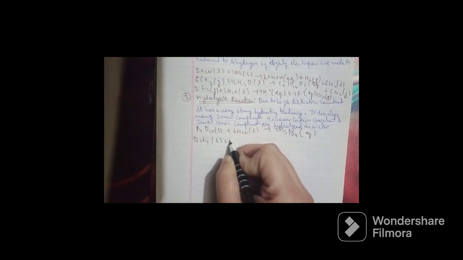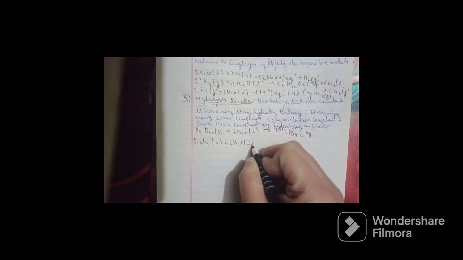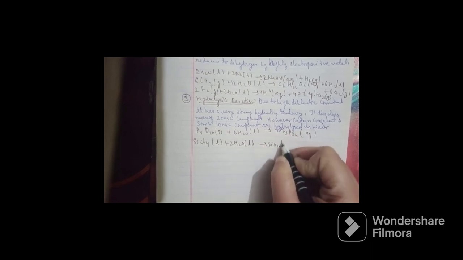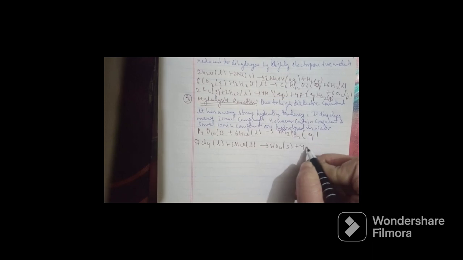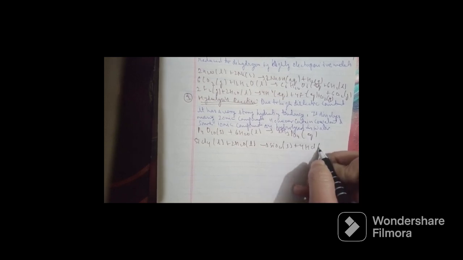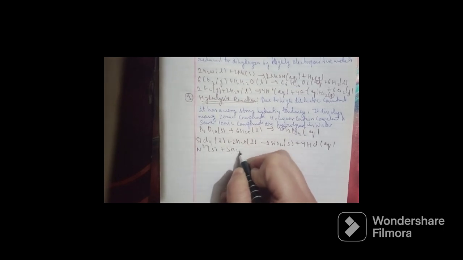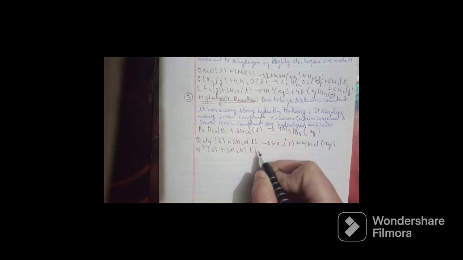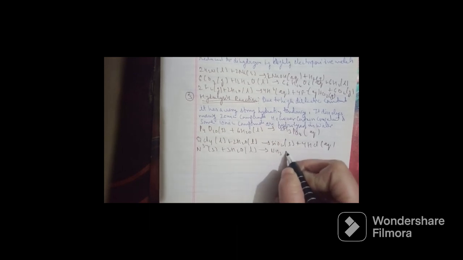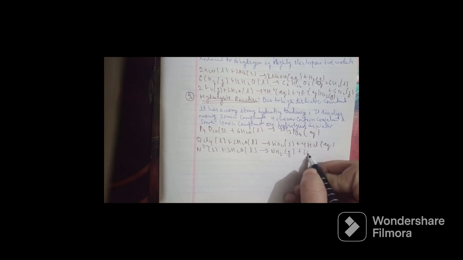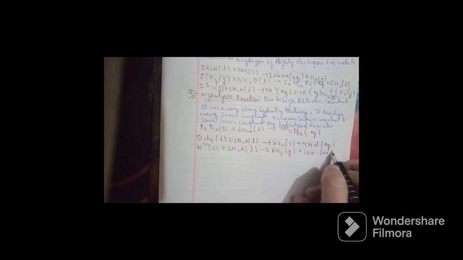SiCl4 liquid plus 2H2O liquid gives SiO2 solid plus 4HCl aqueous. And N3 minus solid plus 3H2O liquid gives NH3 gas plus 3OH minus aqueous. Now we talk about the fourth one, which is hydrate formation.